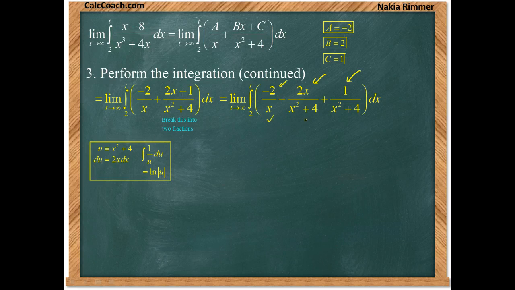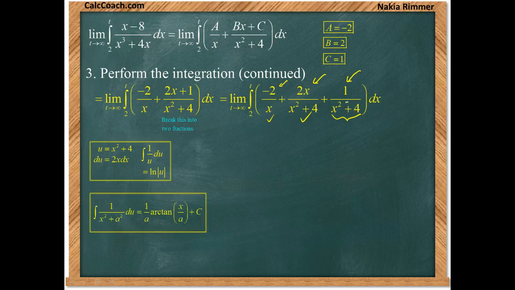Now we know what this guy is, the natural log of the denominator. Our only mystery then would be how we integrate the third guy, and there's a form for that. If you have x squared plus a squared, 1 over that you're integrating, it's 1 over a, the arctan of x over a. And you can work that out. It's just a substitution. And so we'd have 1 over 2, the arctan of x over 2.